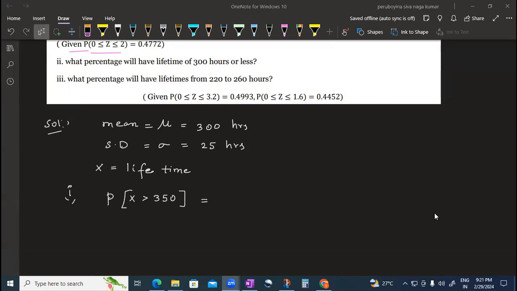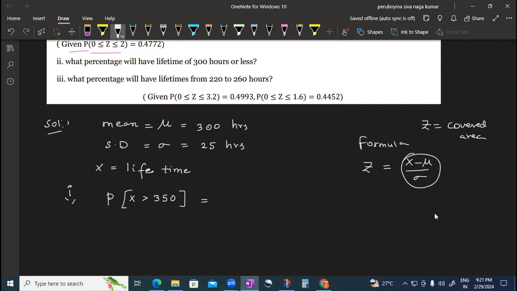So remember one formula. The formula in normal distribution: G. G means covered area. Remember, G is equal to X minus mu by sigma. Here in place of X, we have to create this part.